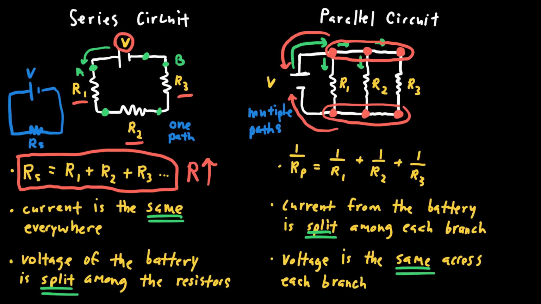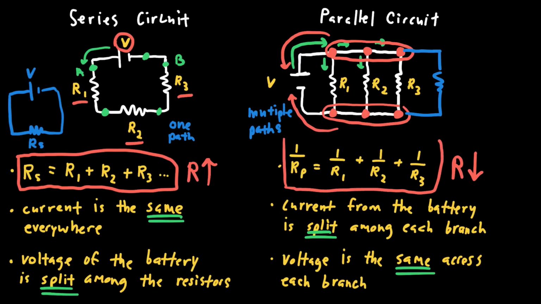All the light bulbs are becoming more and more dim. But if I add, and this is strange, if I add another resistor to a parallel circuit, the equivalent resistance will go down even further. And so when I find the equivalent resistance, I need to remember that I do 1 over R1 plus 1 over R2 plus 1 over R3, and then I'm going to hit equals in my calculator.